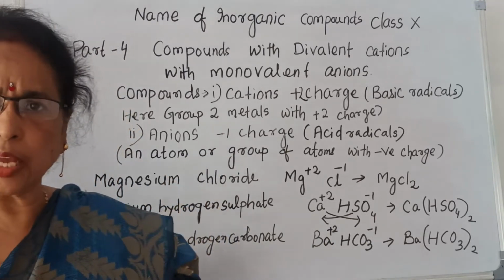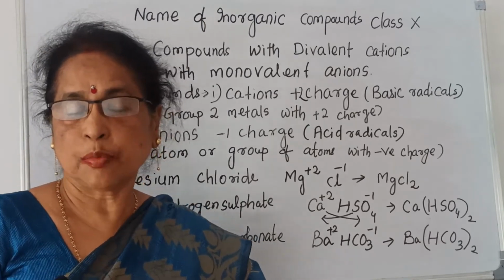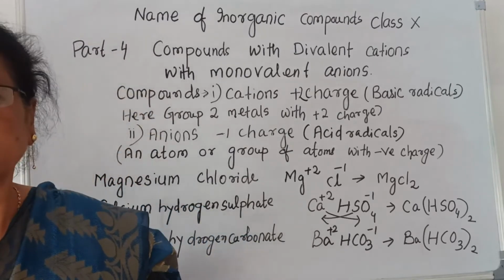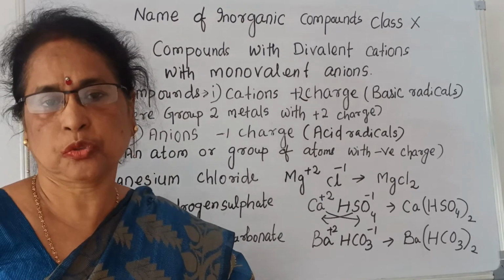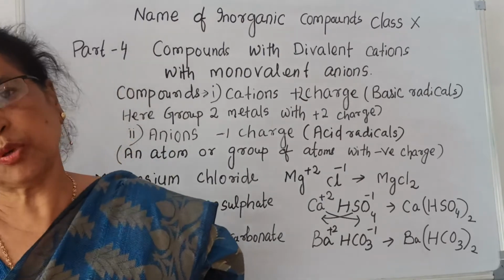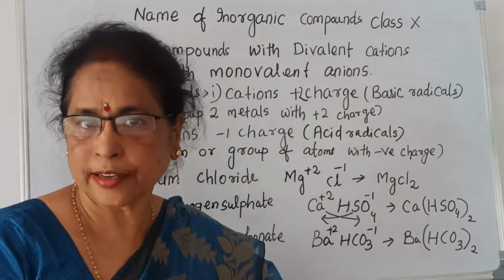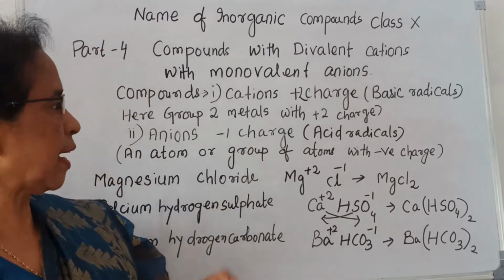Also Cu+2, Zn+2 and Fe+2 are very important cations. They form compounds with monovalent anion.